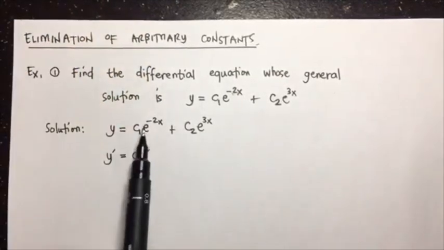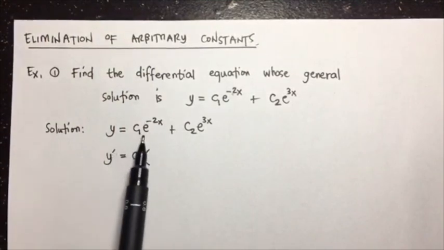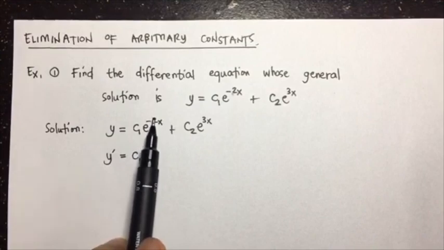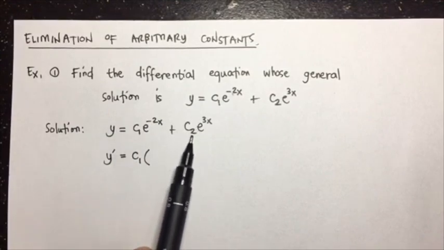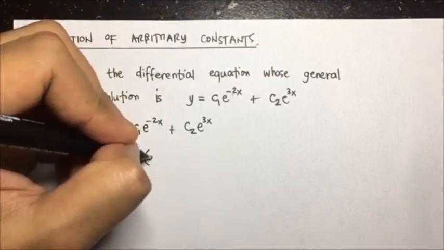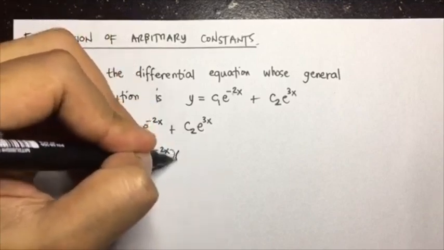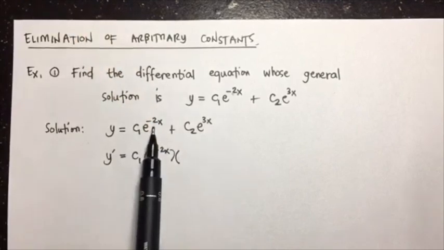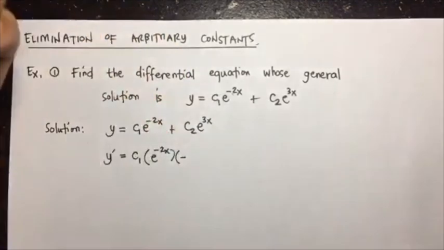Recall that the derivative of e to the u is e to the u times du over dx. So just write the exponential function e to the negative 2x and then multiply it by the derivative of its exponent. The derivative of negative 2x is negative 2.